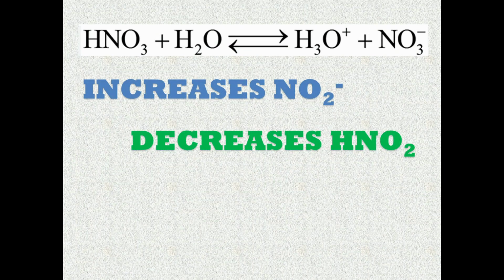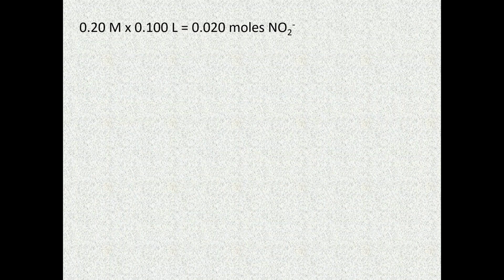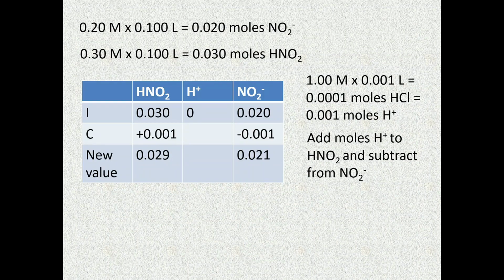And again, we're simply going to create a new icebox. So this was the correct thing to do. I'm adding to the NO2, I'm removing from the HNO2. This is correct for adding OH minus.